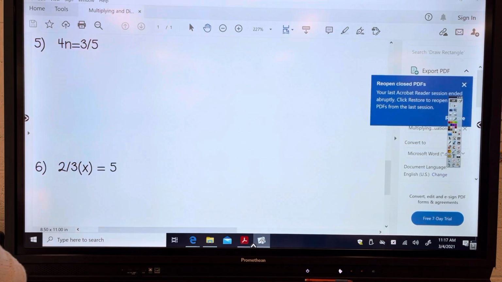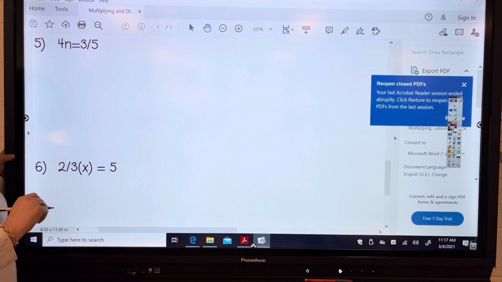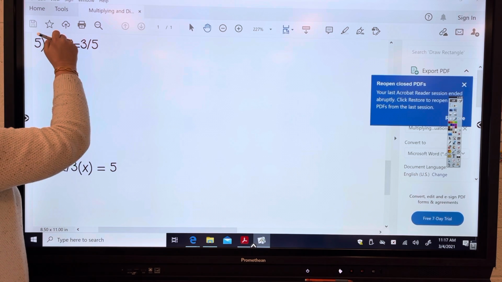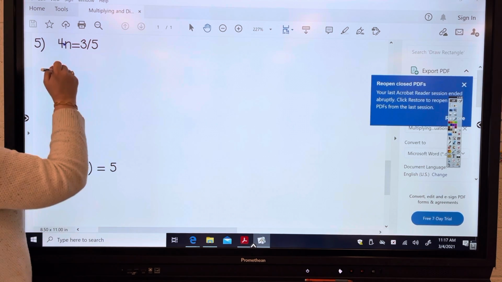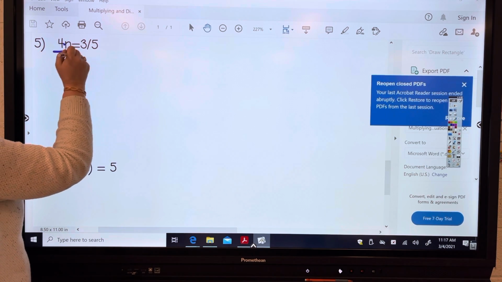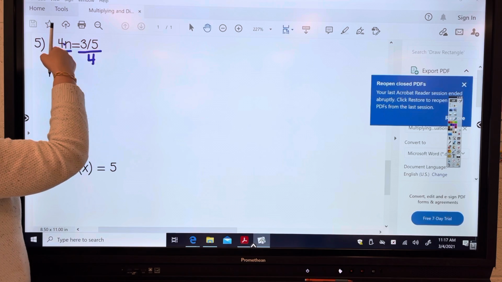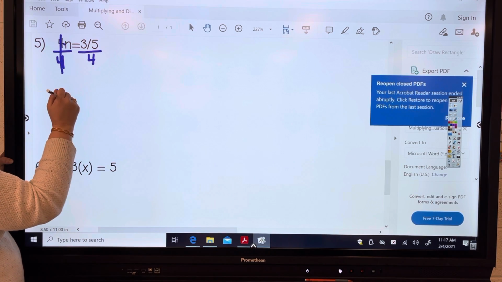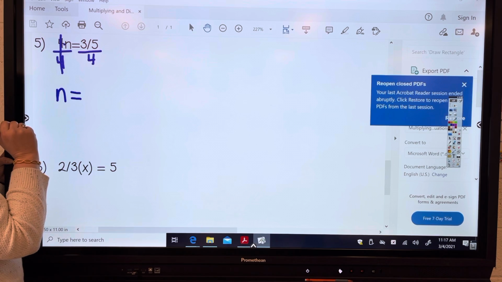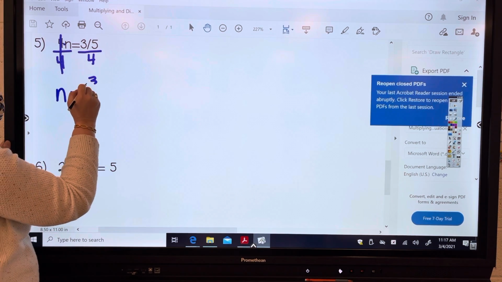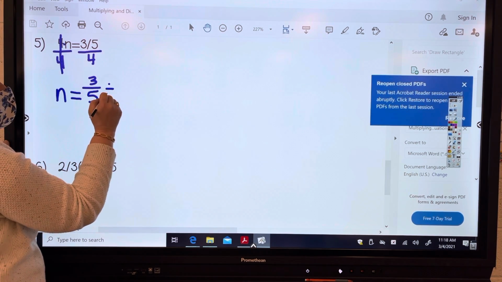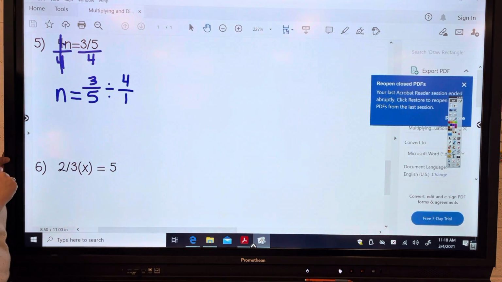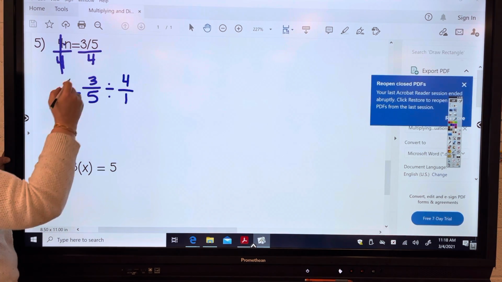All right, number 5, what are we going to do? What operation's going on with 4 and n? So how do I undo that? Division. What happens over here? They cancel out. So I'm left with n equals 3/5 divided by 4. Can we do that? Yep. What do we have to do?